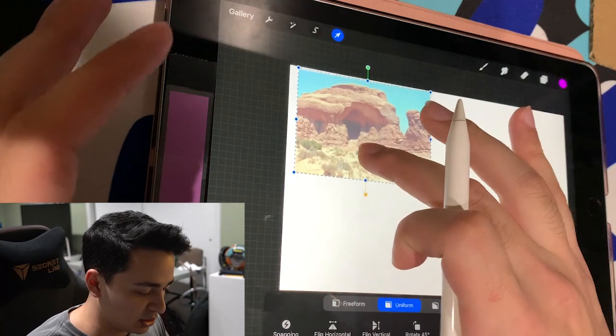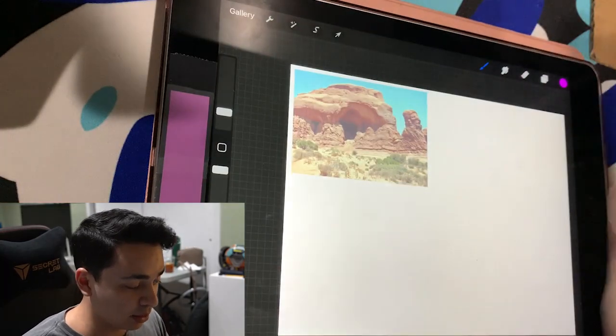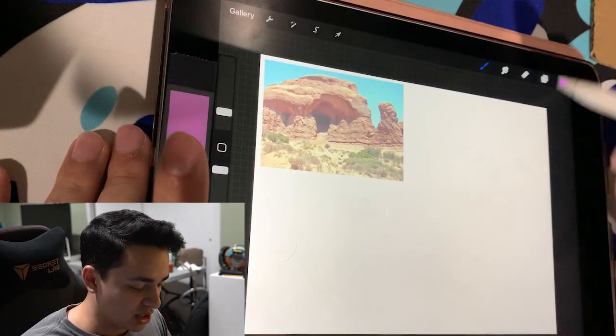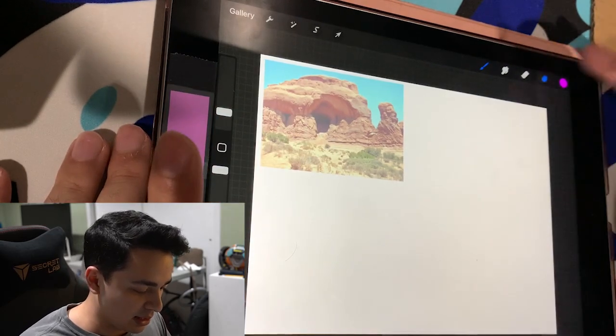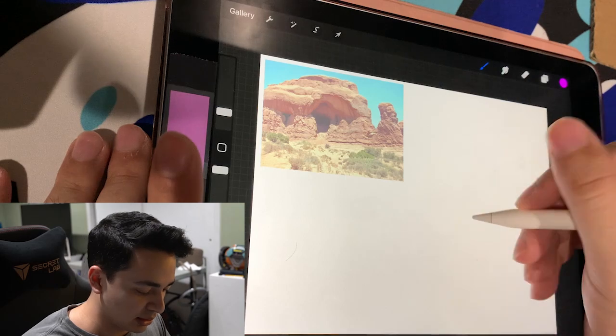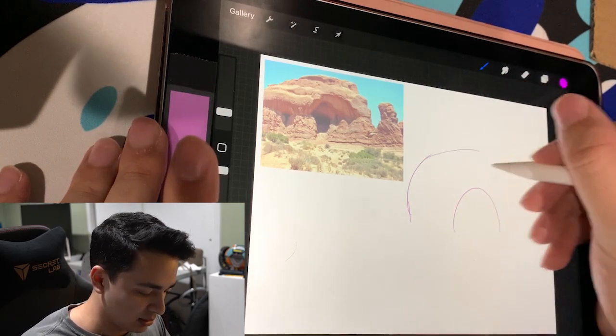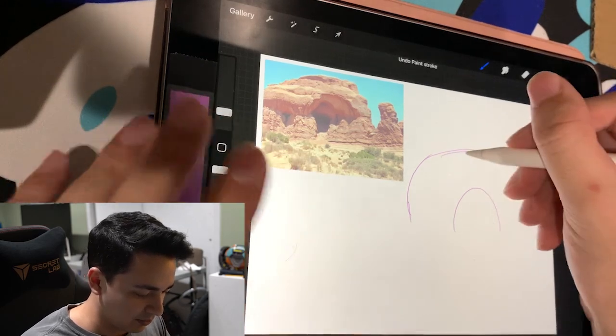So our idea should look something like this, and I think we can do a pretty good job, something like that, right? So we know we have to have some cave. Put this on a new layer. So there's got to be some cave entrance, right?